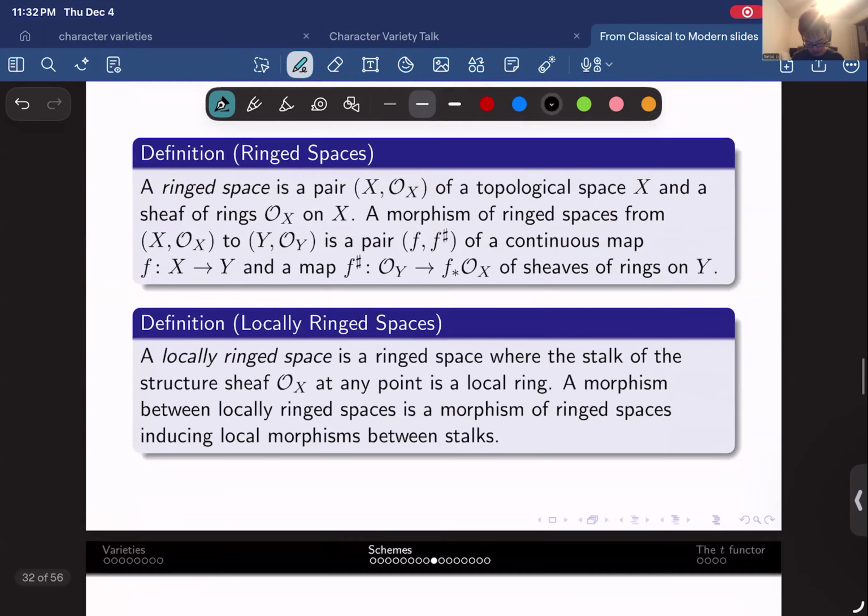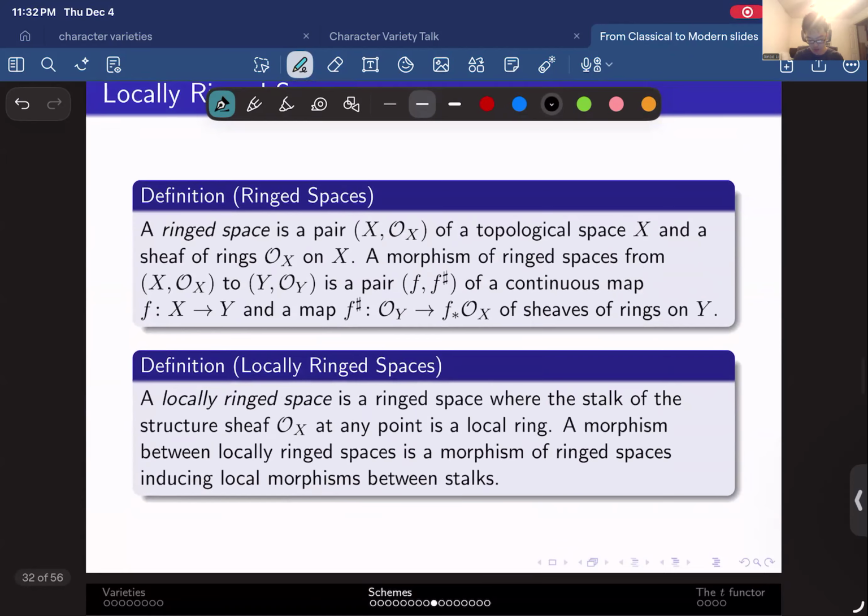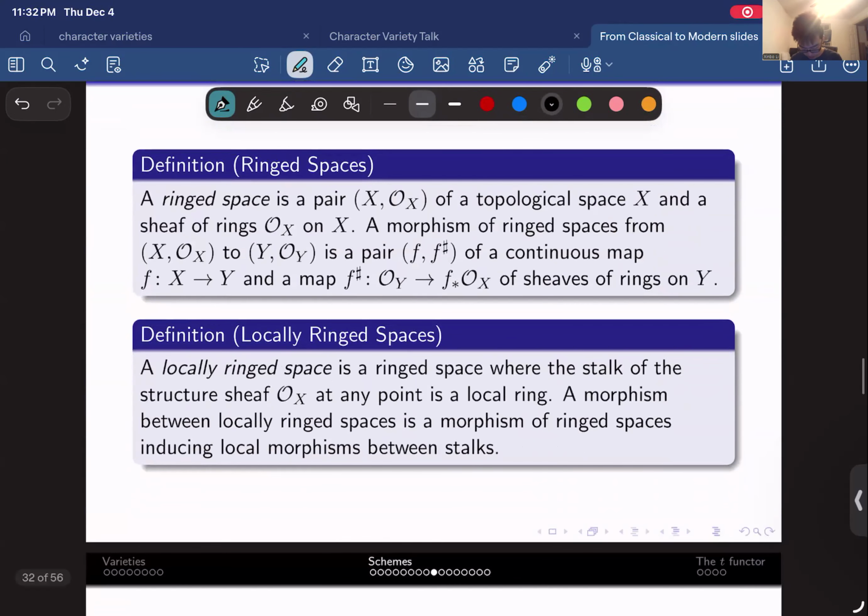A locally ringed space is a ring space where the stalks of the structure sheaf O_X at any point are local rings. And a morphism between locally ringed spaces is just a morphism of ring spaces inducing local morphisms between stalks. I said that stalks are local rings, so a local morphism here really means that the map respects the unique maximal ideal.